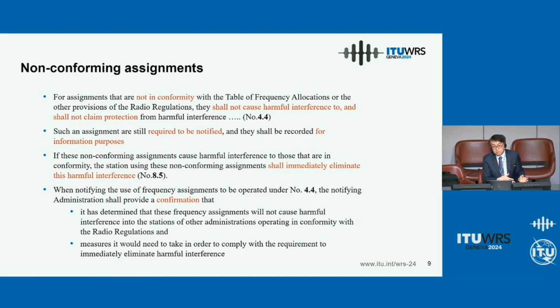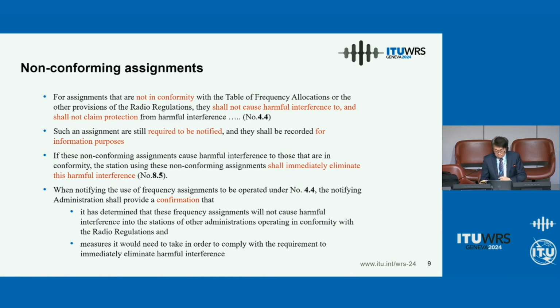So I mentioned a little bit earlier that at the API, when you submit an assignment that the Bureau realizes is not in accordance with the table of frequency allocation, we will request that you submit this under 4.4. Now, very important is that such assignments are still required to be notified. Okay, you must notify the assignments even if they are under 4.4, even if they are recorded for information purpose only.